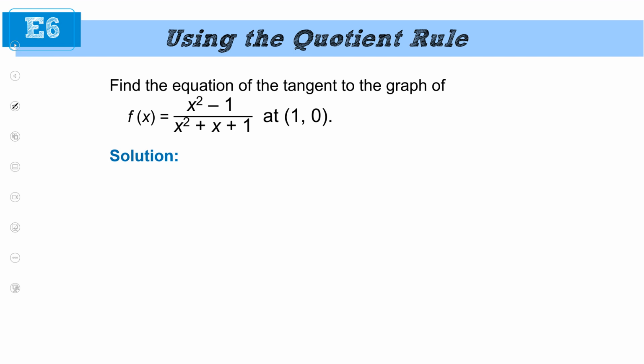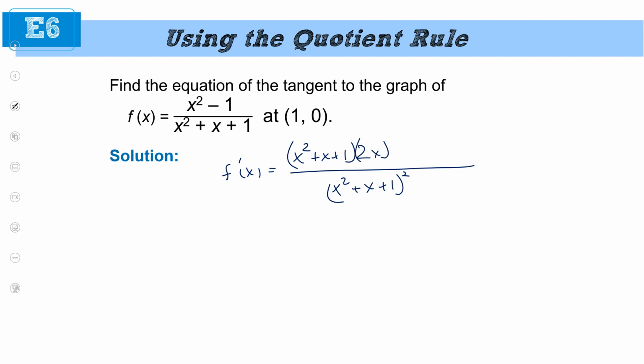In a case like this, I'll do it quickly, you don't have to worry about simplifying because you're going to end up just plugging in x. So f prime of x is equal to x squared plus x plus 1 quantity squared. Take the denominator on the bottom, square it, bring it up to the top. Be careful with parentheses. Times the derivative of the numerator minus big honkin' bracket, the numerator times the derivative of the denominator.